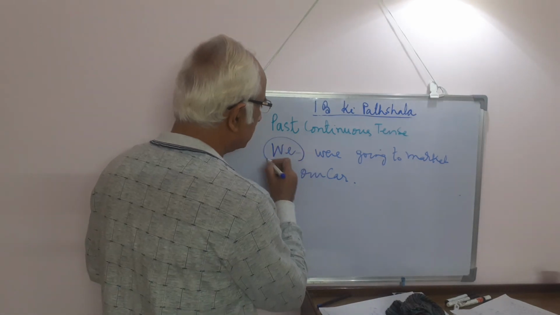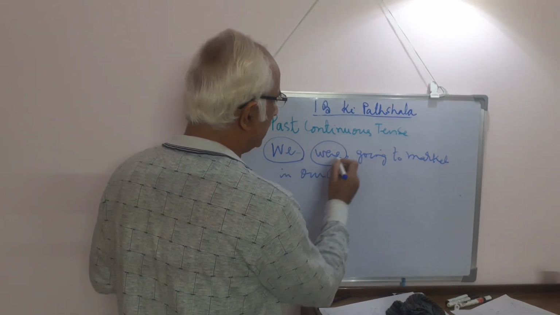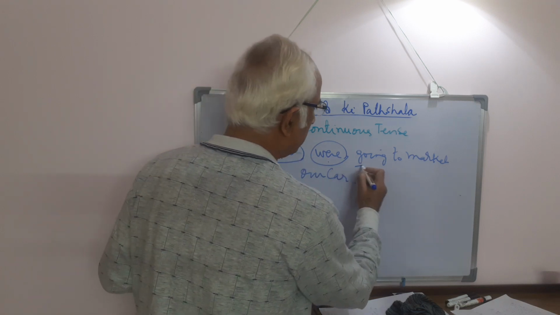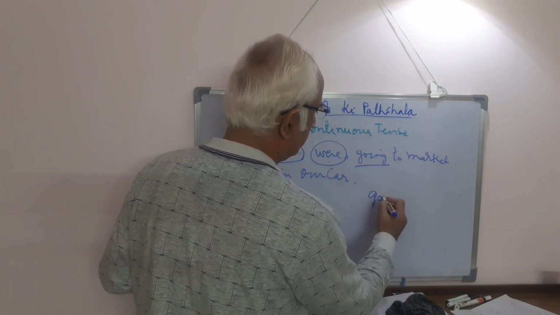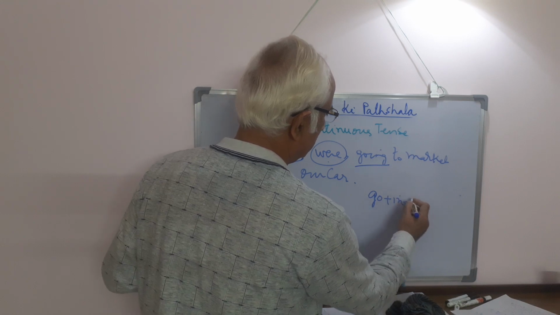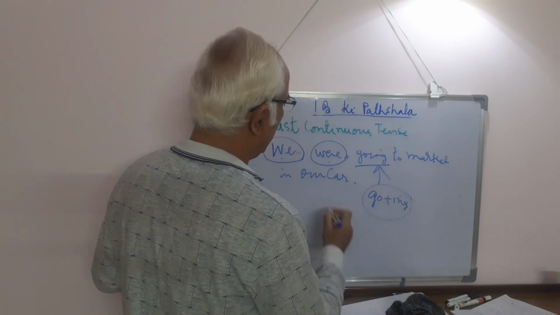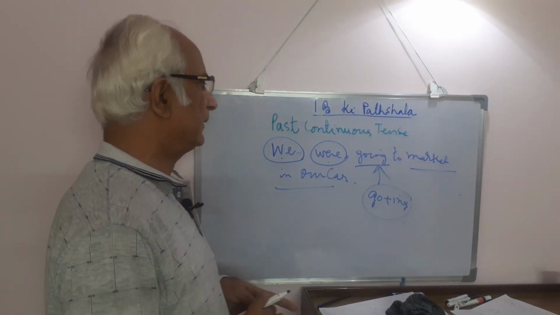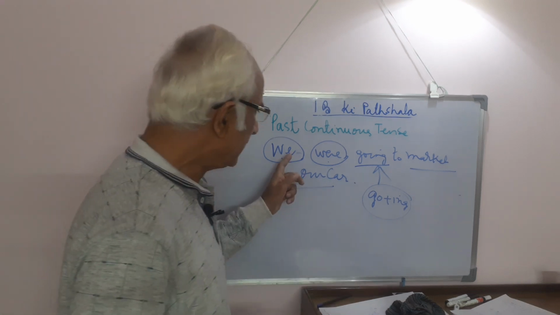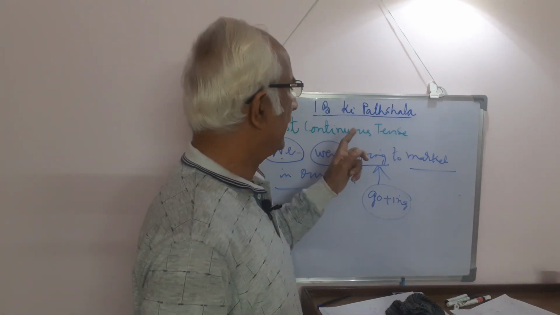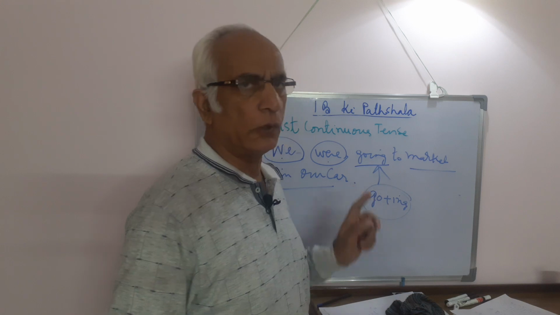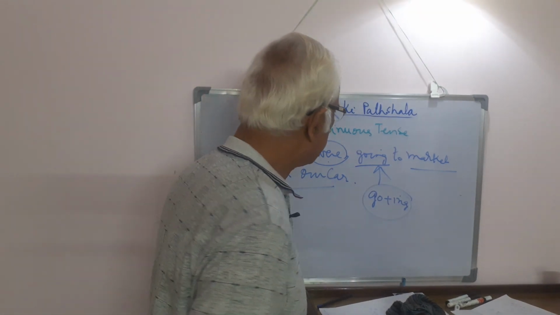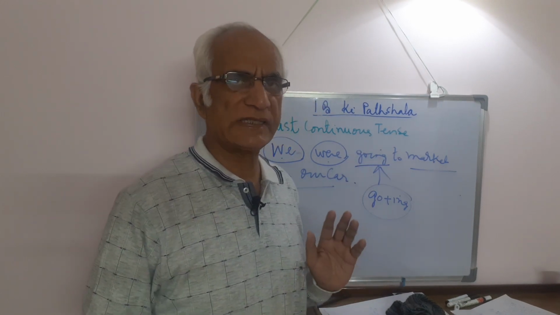This is subject, we. This is helping verb, were. Why we're using were? Because this is plural. And then the verb in ing form. Go plus ing. And then the rest of the sentence. Object and the time frame. So we will have subject, helping verb, and the main verb will be in ing form, like in present continuous tense. So this way we can make our sentences in past continuous tense.